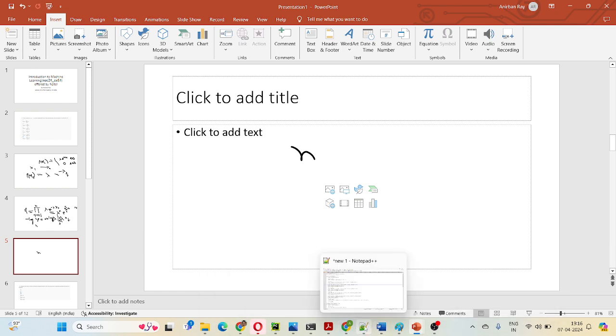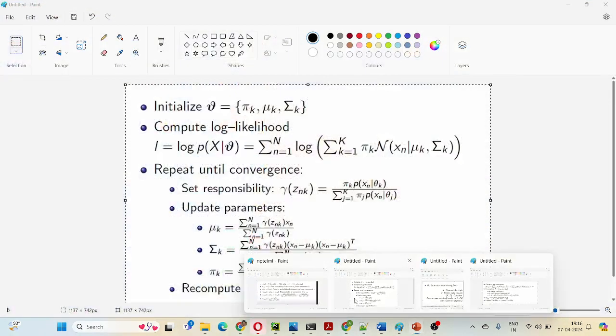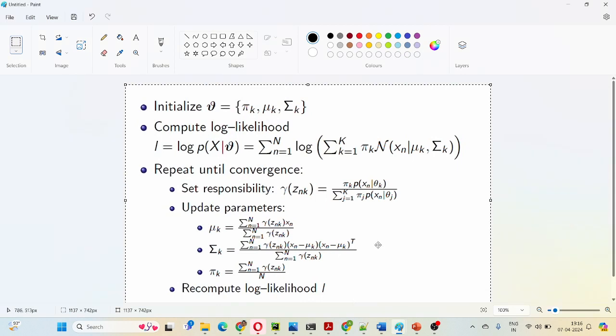They have got these parameters mu k and sigma k with MLE. As you can see, they first initialized the log likelihood, and then with MLE they got mu. This formula came from MLE, as you have seen from the lectures as well.